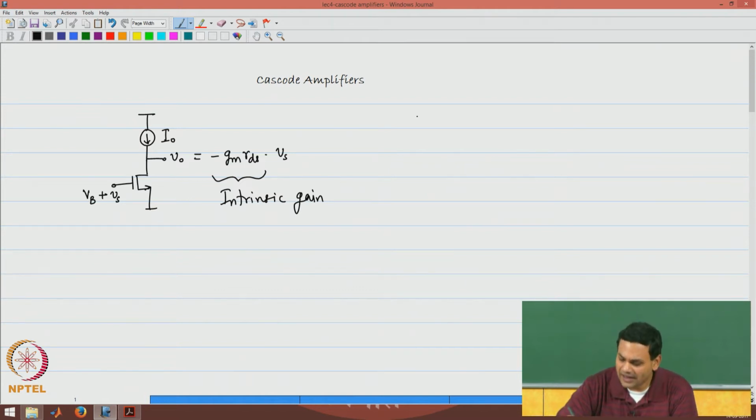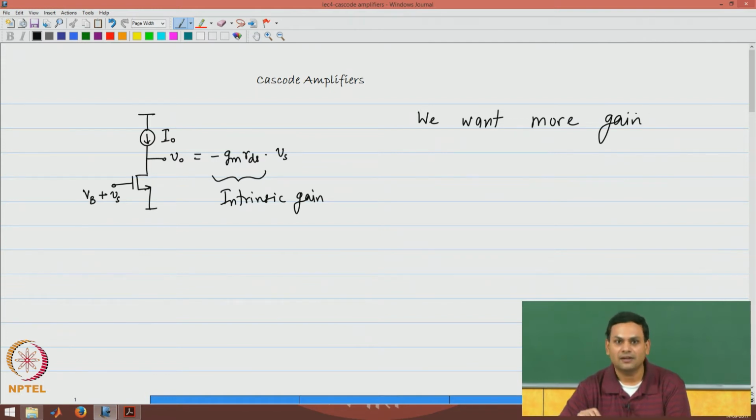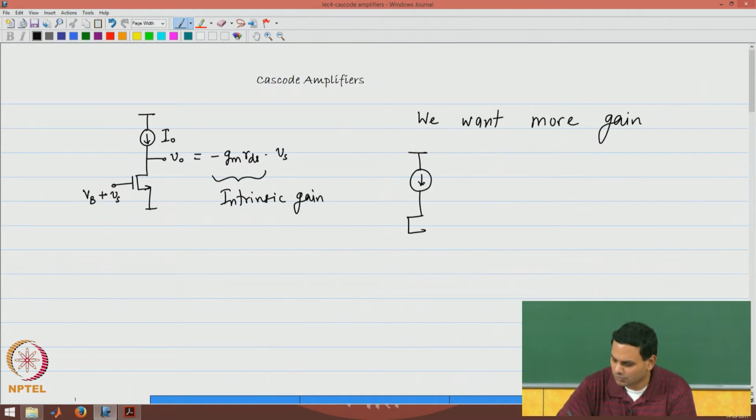Now, let us say we want even more gain from the amplifier. There are of course several different ways of doing this. One way to do this is to cascade two common source amplifiers.